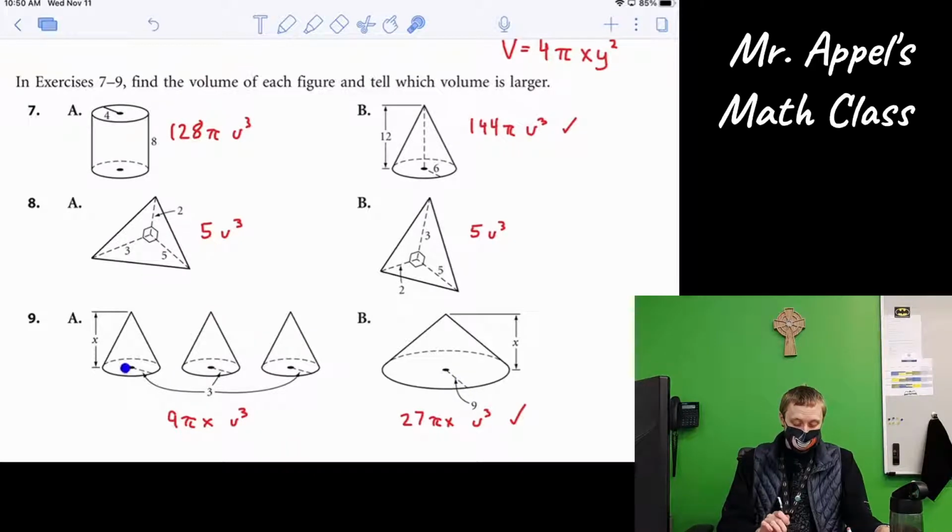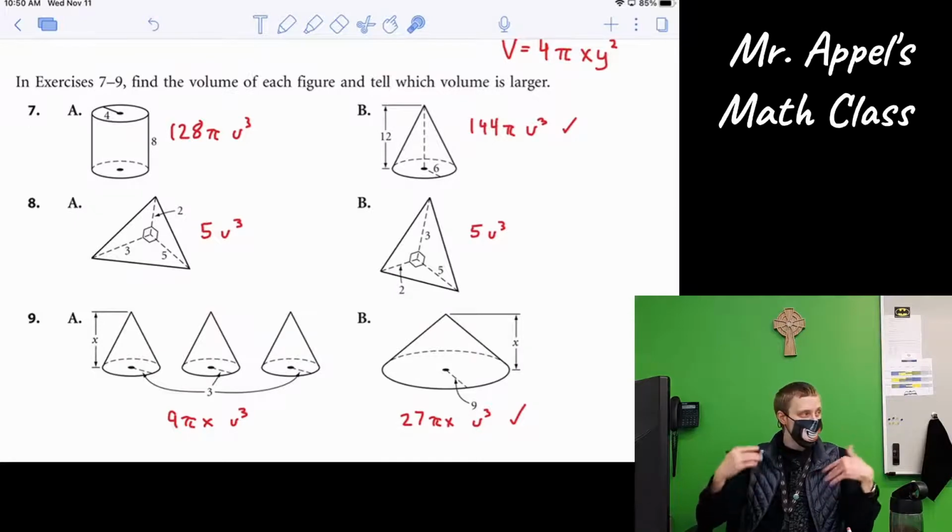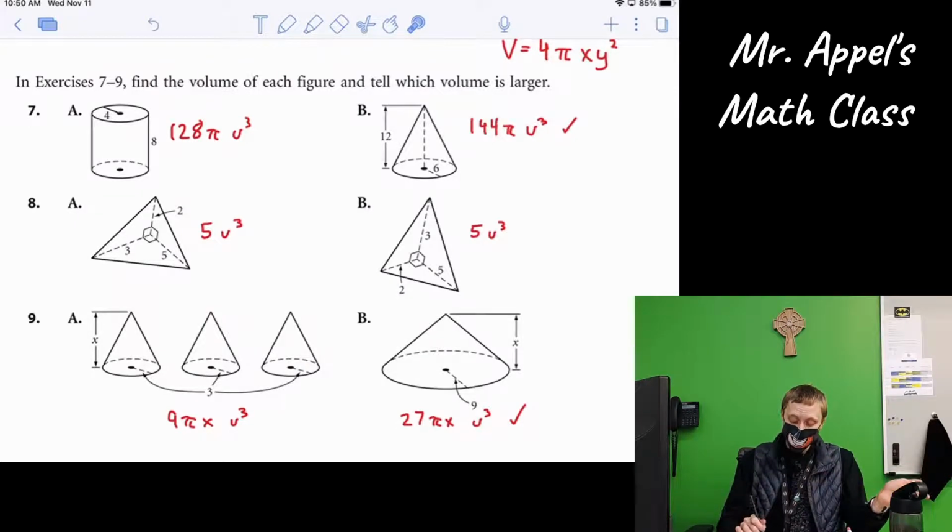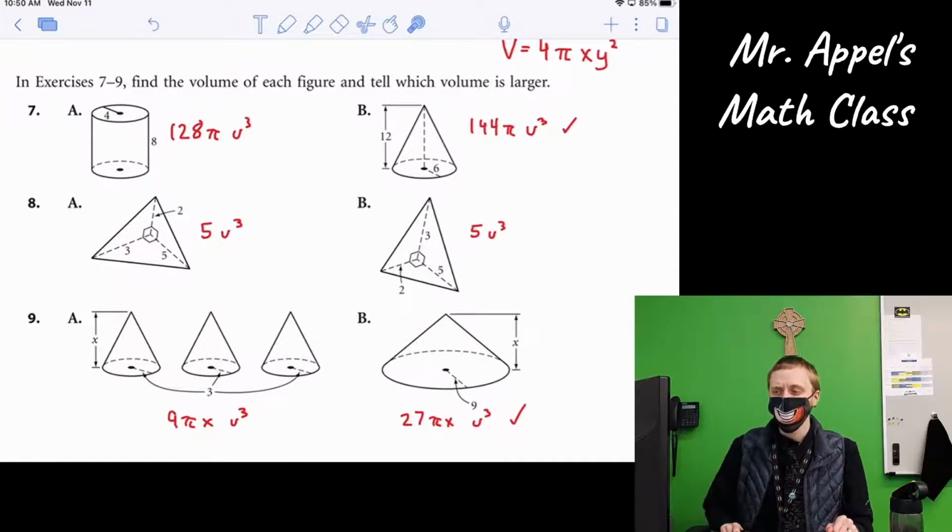You would think, okay, if I have 3 3s, that makes 9. That should be the same. But no, it is way bigger, okay? Because that triplication gets multiplied again. This isn't just 3 times bigger. It's 3 times long and 3 times wide. Right? You got radius squared in there for that circle.